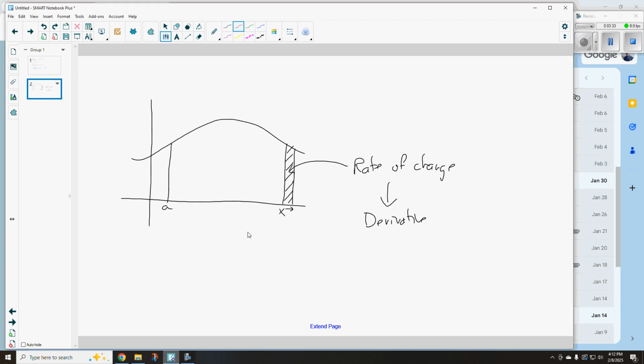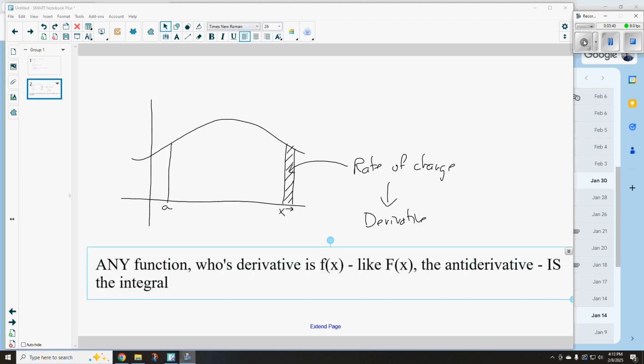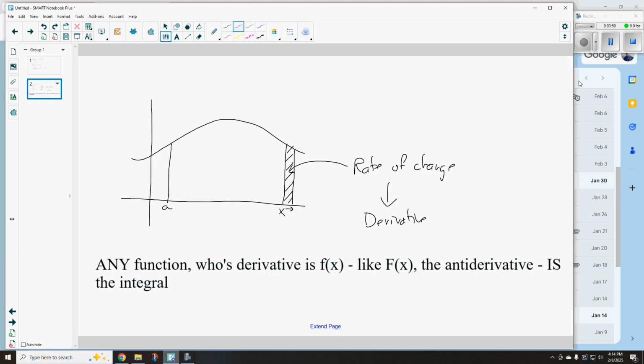Which led me to think, well, any function whose derivative is f of x, like big F of x, the antiderivative, is the integral.